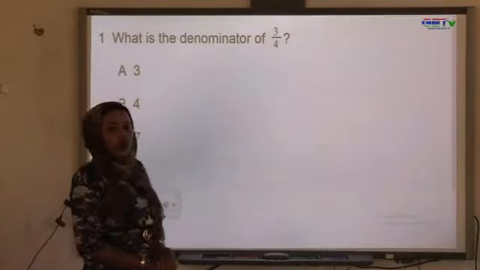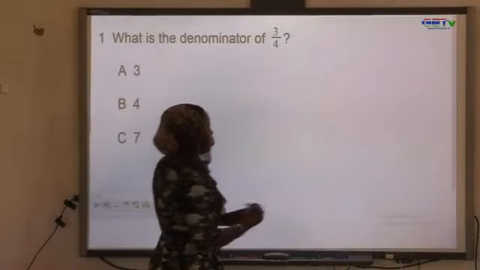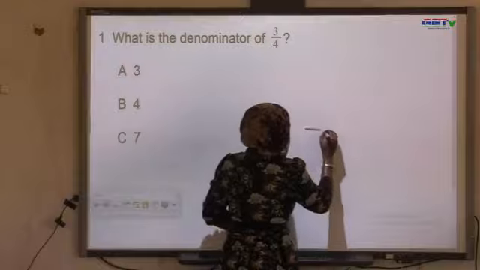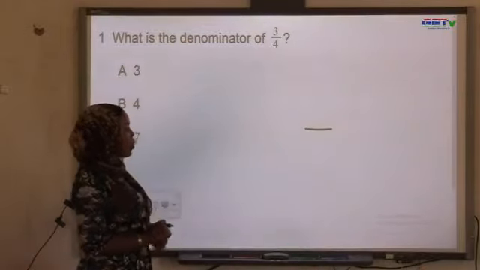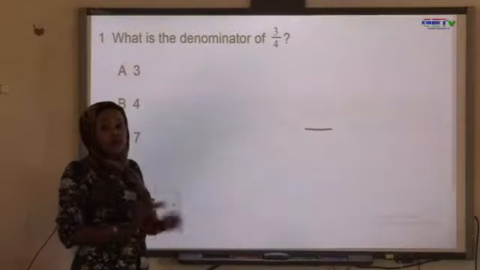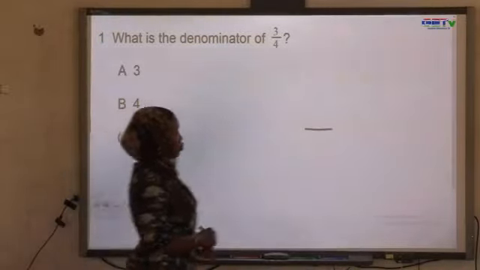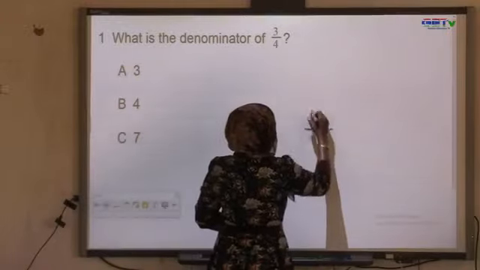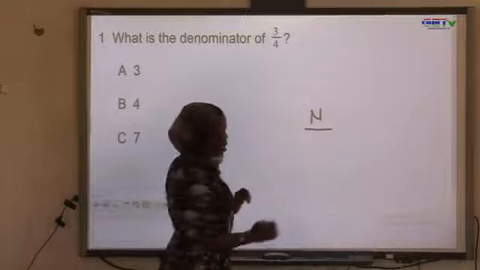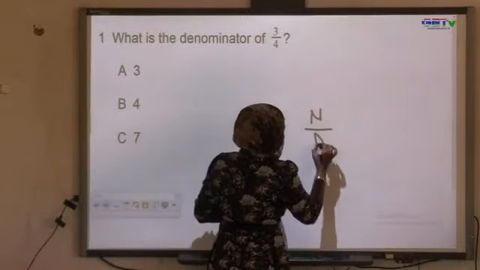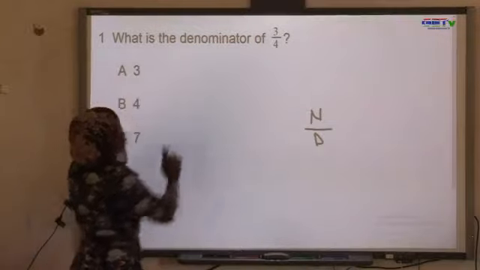Remember, we said this is our fraction bar, and the number above the fraction bar is called a numerator, okay? And the number that is below the fraction bar is our denominator.